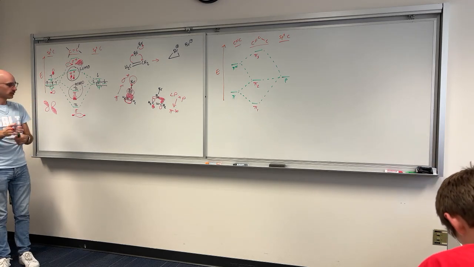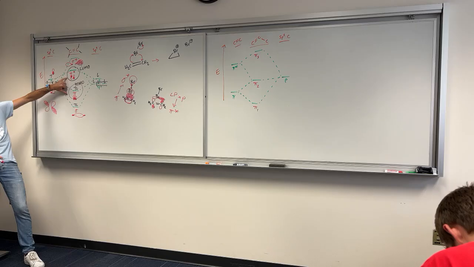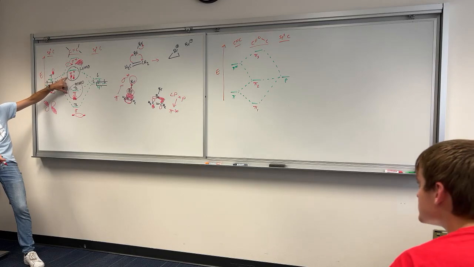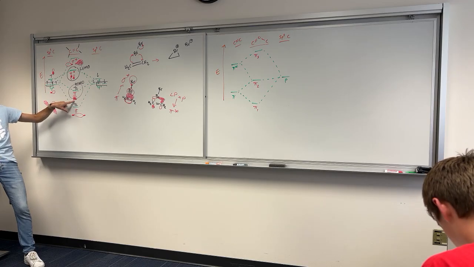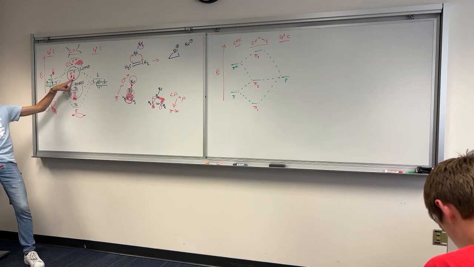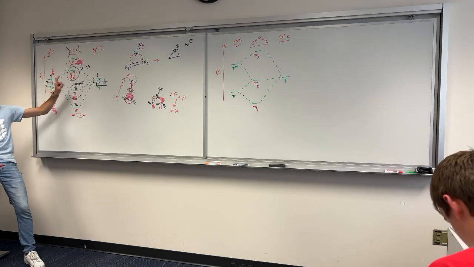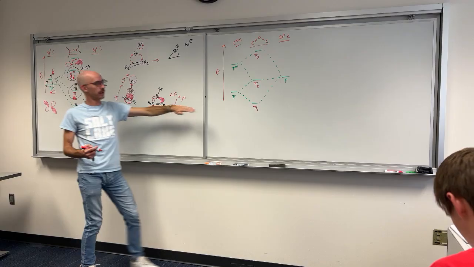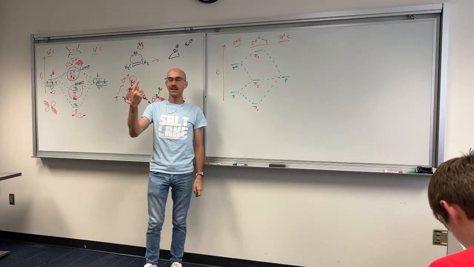But before we do, I want to notice something that we saw here with pi and pi star. These two orbitals were in phase, no nodes separating them, and then they became out of phase, one node separating them. Every time you go up in energy with molecular orbitals, you add a node.